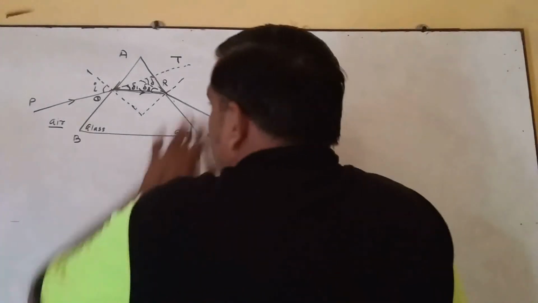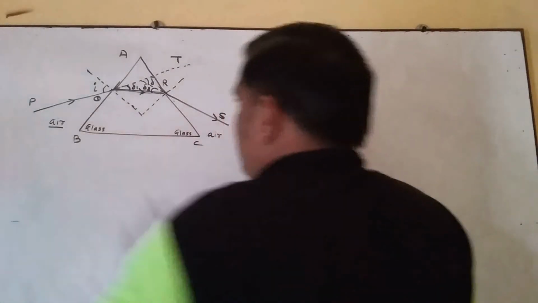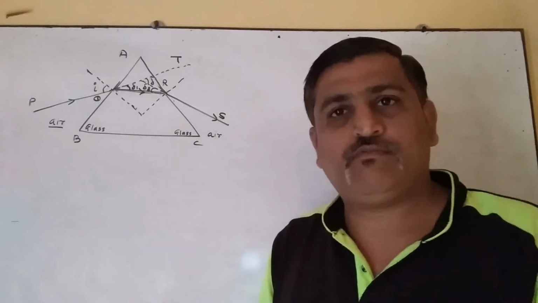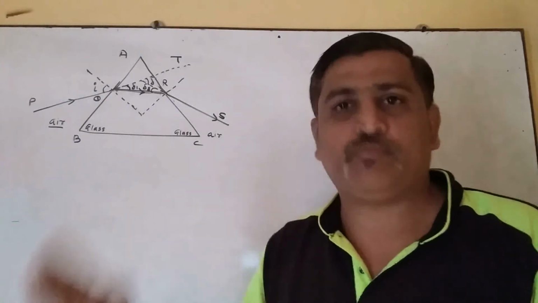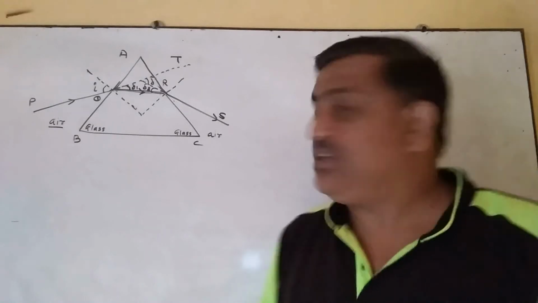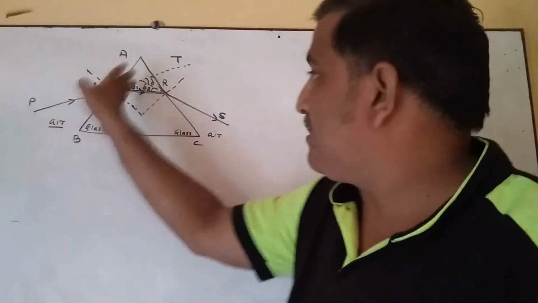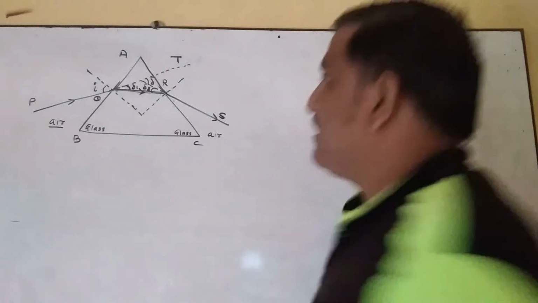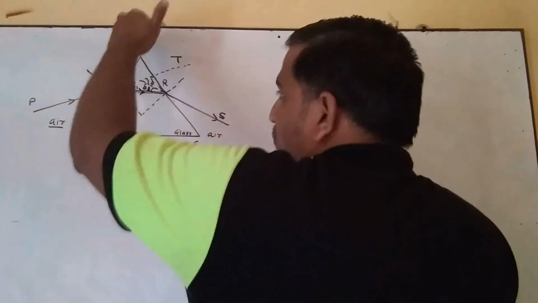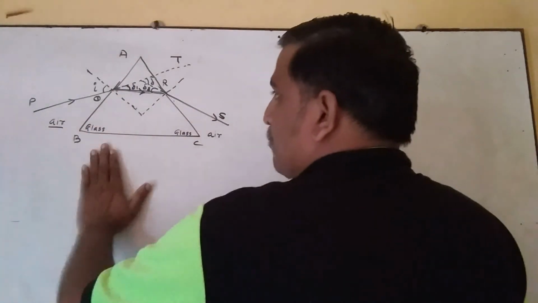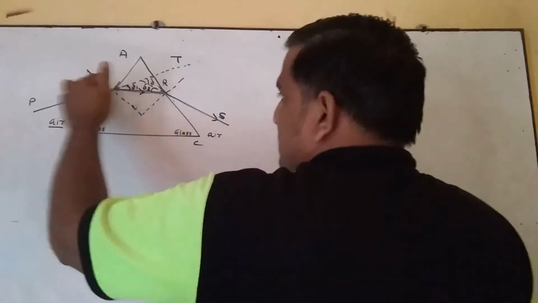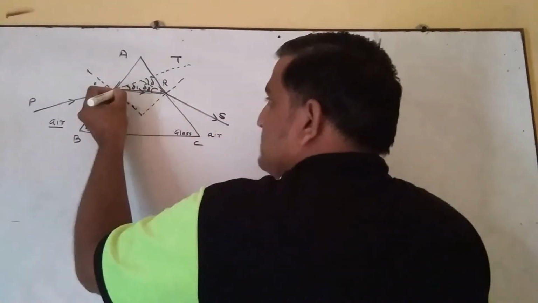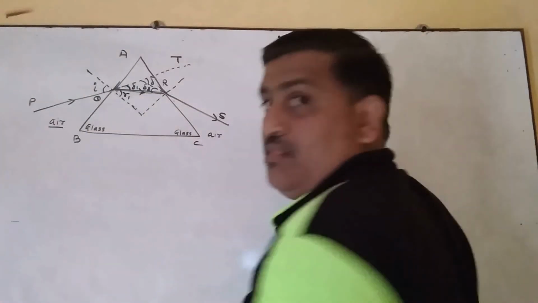Now, this is the whole concept related to the refraction of light incident and passing through the prism. Once again, incident ray PQ, incident at an angle of incidence I, gets refracted due to changing its medium from air to glass, tracing its path QR, deviated by delta 1, or I can say refracted by angle R1.